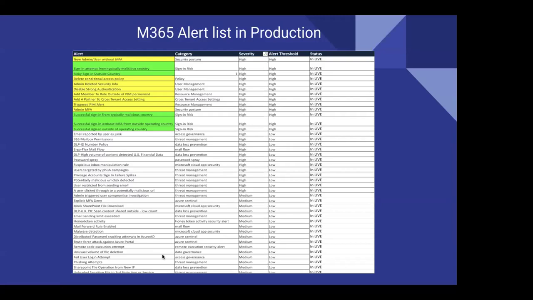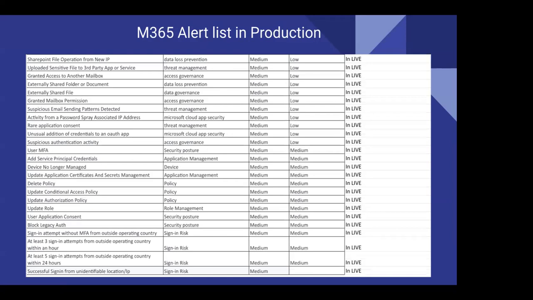Next is the M365 alert list. In the last partner call, we mentioned that we are working towards introducing almost 100 plus alerting mechanisms with the M365 Security Inspector. To let all of you know, the ones with high and medium severity have been prioritized, and today all of them are in production.